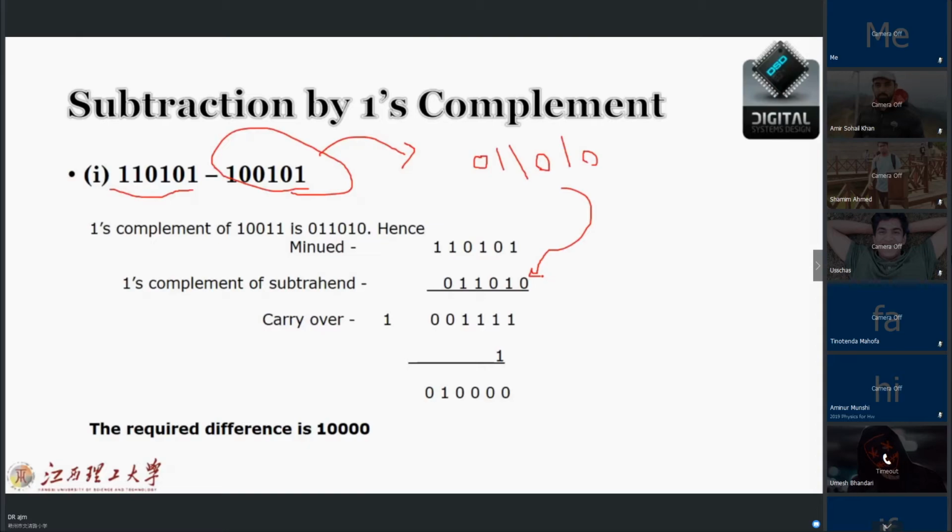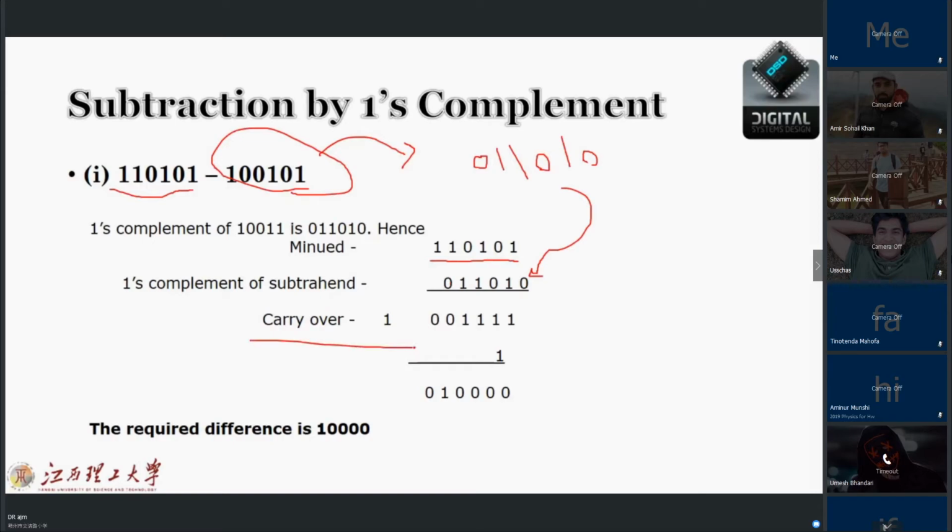Okay, and then I should do the addition between this number and the first number that I have. Let us do 1 plus 0 is 1. 0 plus 1 is 1. 1 plus 0 is 1. 0 plus 1 is 1. 1 plus 1 is 10. And then you will see that I have a carryover.